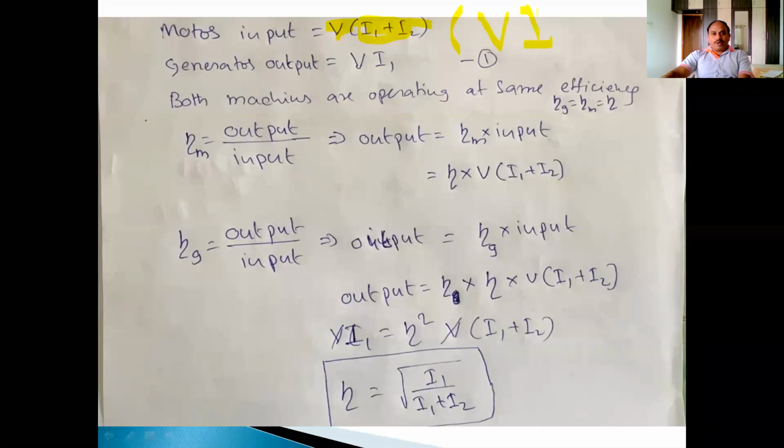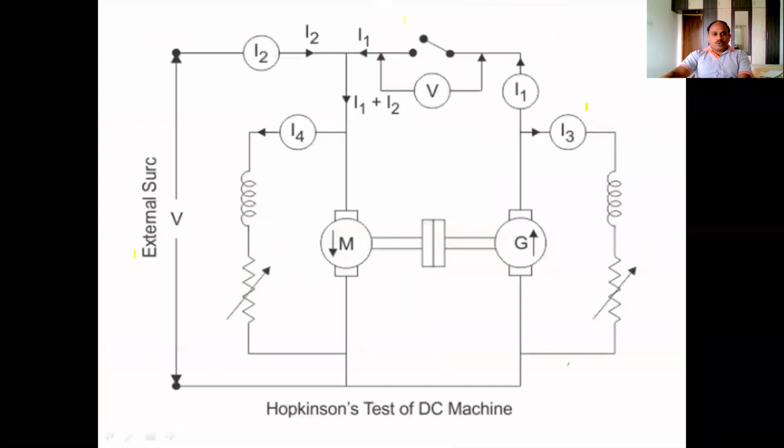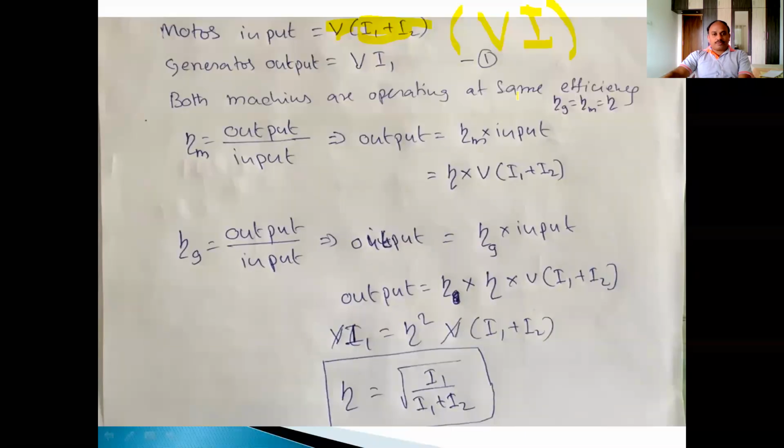So power taken by the motor equals V into I1 plus I2. That means motor input equals V into I1 plus I2.